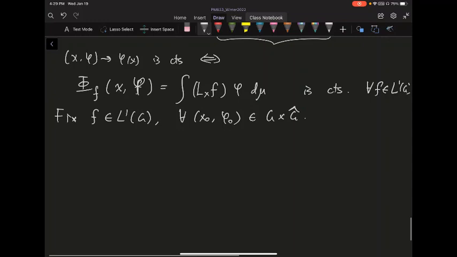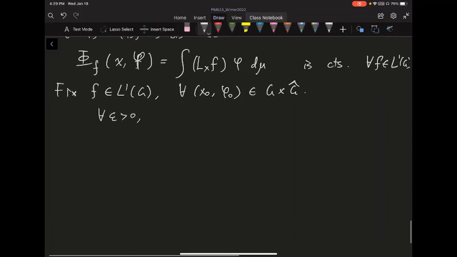All right, so let's do the following. For every epsilon greater than 0, let's fix an epsilon. For your x0, there exists an open neighborhood, because the left translation we showed is continuous in terms of x, not only in infinity norm, but also in one norm, in fact in p norm as well.